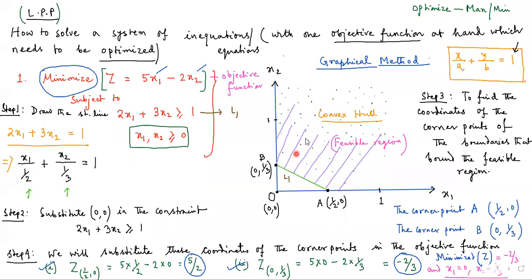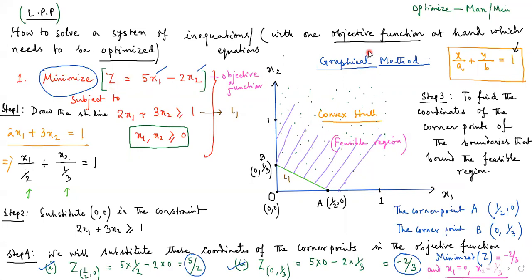As much as you go further from the straight line above, in this direction, as much as you increase the value of x1 and x2, your objective function z is going to have higher and higher values. If I take a point over here, I will get some value for z.